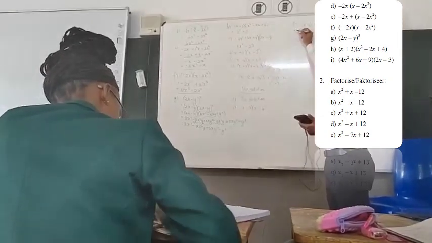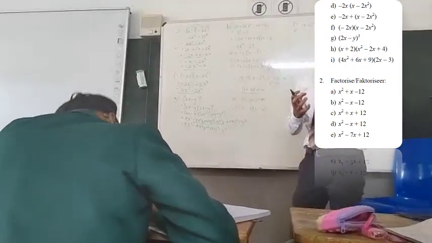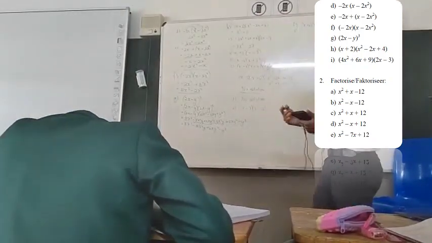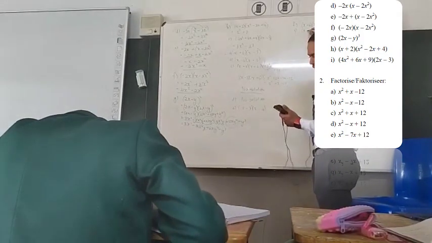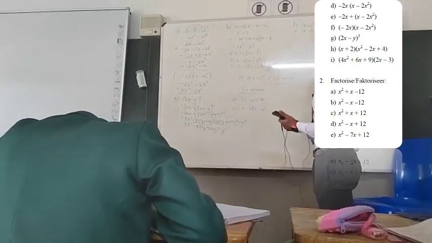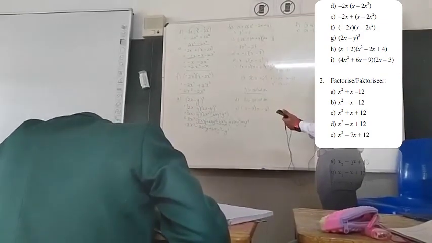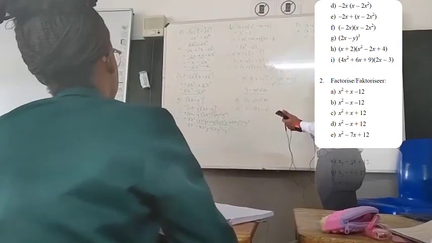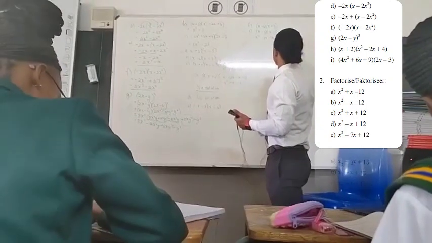Alright, what you were supposed to do at number G was first expand the first two brackets and then get to the trinomial. So let's do that quickly. That's x minus 3 and x minus 2 minus 12. If I expand, I get x squared minus 2x minus 3x plus 6.